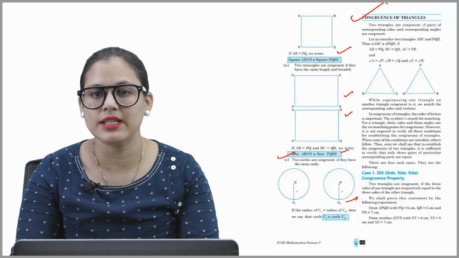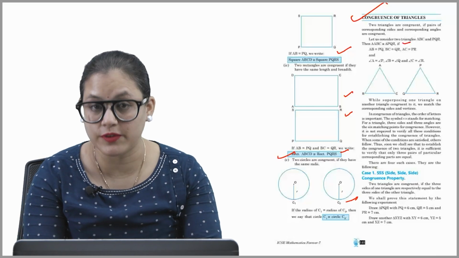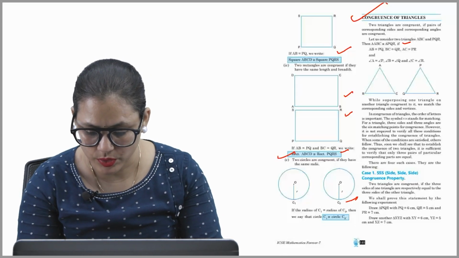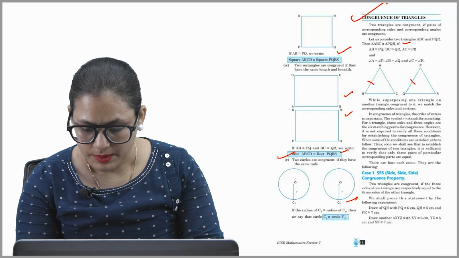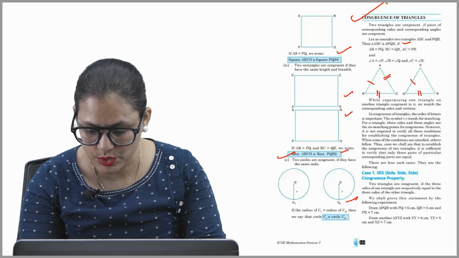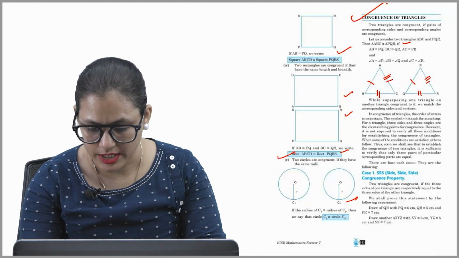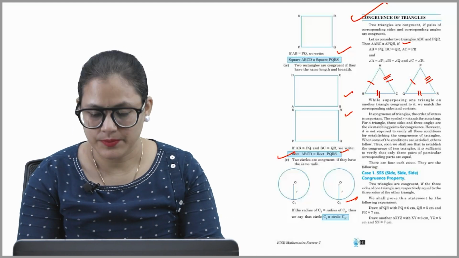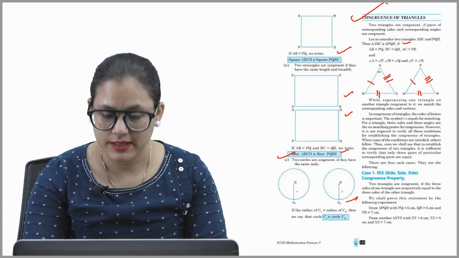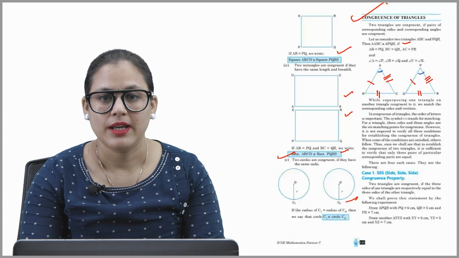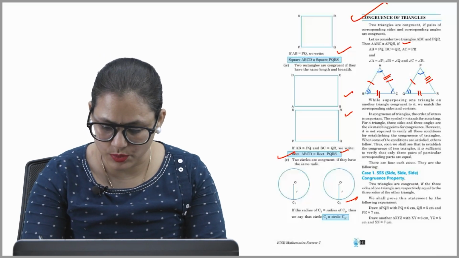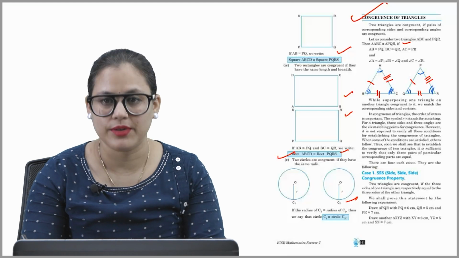Then triangle ABC is congruent to triangle PQR if there are conditions: if AB is equal to PQ and BC is equal to QR and AC is equal to PR, and also angle A is equal to angle P, angle B is equal to angle Q and angle C is equal to angle R.